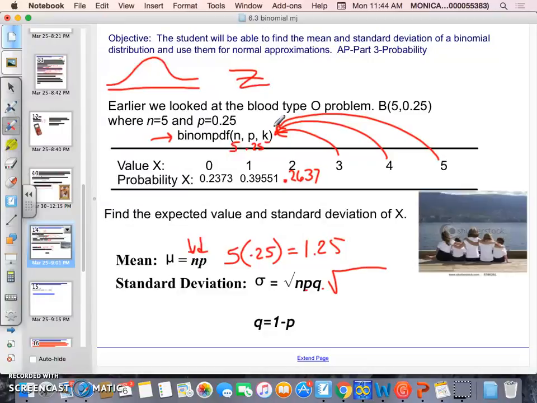So you just take the square root of 5 times 0.25 times the percent of failure, which is 0.75, and you end up with 0.9682. So that's your measure of center, and this is your measure of spread.